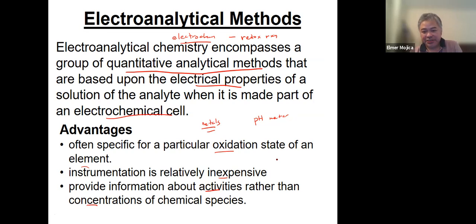Activity is just concentration times a certain number. Activities are usually lower than the concentration. If ever they're the same, it happens rarely. So what they really measure is the activity of the target analyte that you have, not the concentration.